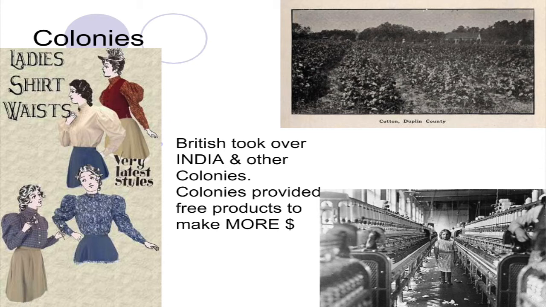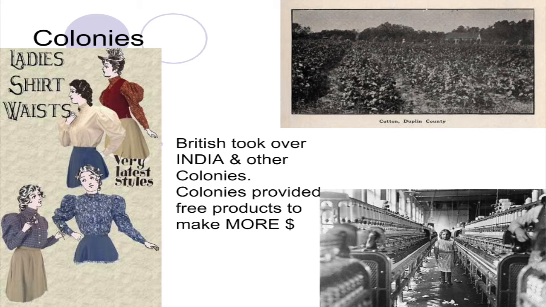But because they were able to take over India, they were able to get products for free. And a lot of the people in the country of India ended up being the laborers, the people who worked for very little pay, in bad conditions.